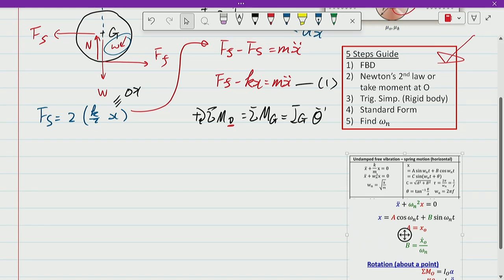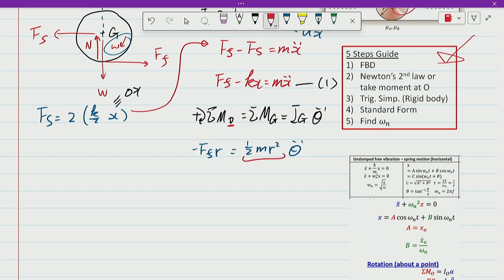If we take moment at G, the only force giving us problem is our friction force times R. Our IG is half m r squared. Again, you should have this on your crib sheet for a circular disk. I forget if it was the last tutorial or two tutorials ago, there's a couple of tables, have all of them in your crib sheet. Chances are they're not going to give it to you, because otherwise, why else would they let you have a crib sheet? We're going to call that equation 2. Questions so far?